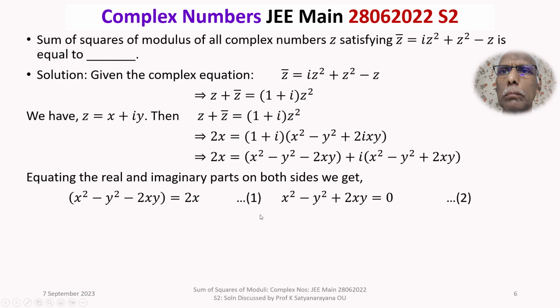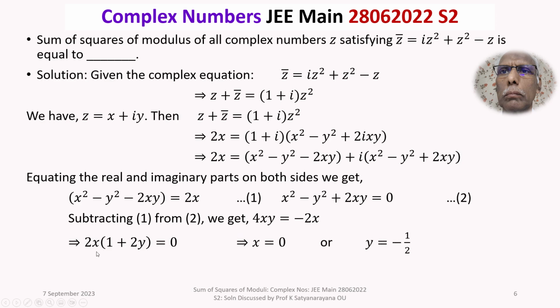What we do is subtract the first equation from the second equation. Then x² − y² will cancel, and you will get 2xy − (−2xy), that is 4xy = −2x. So 4xy = −2x, and that will give rise to 2x(1 + 2y) = 0.